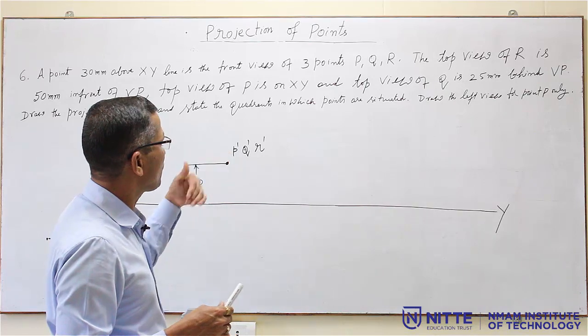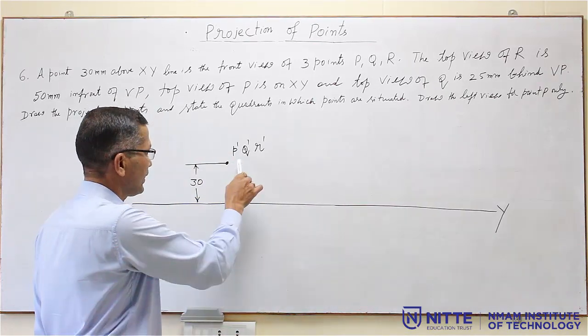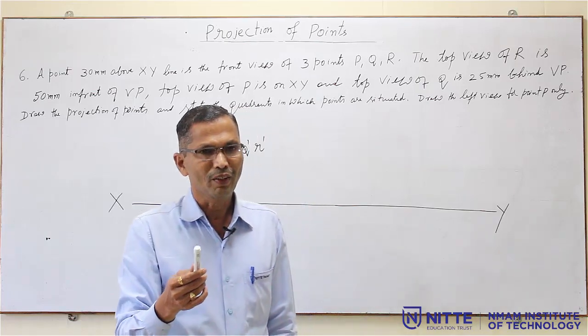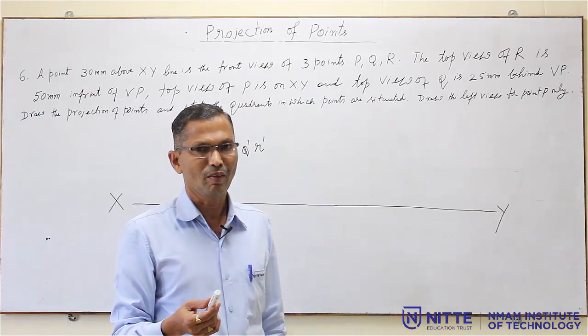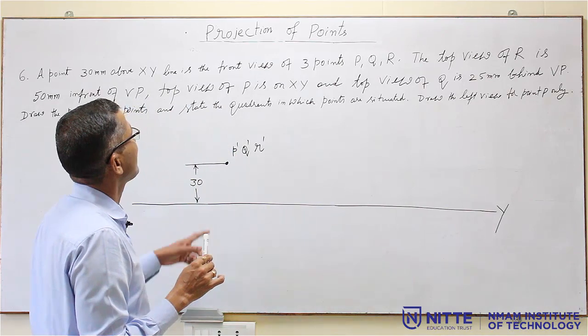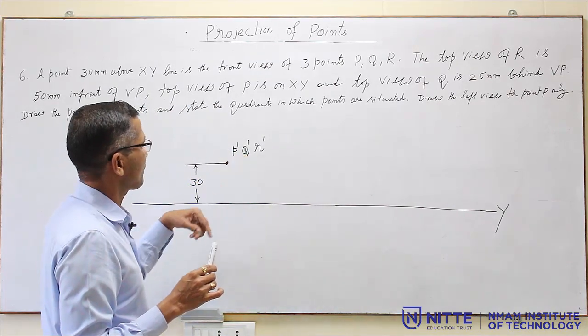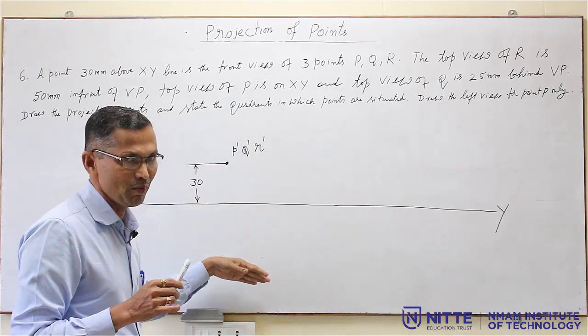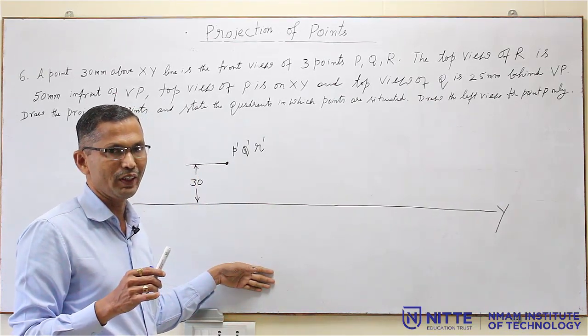So, we can conclude that all the 3 points either belong to first quadrant or maybe to the second quadrant, but it is not possible that the points P, Q, R belong to third quadrant or fourth quadrant, because the front view will be below the xy line.